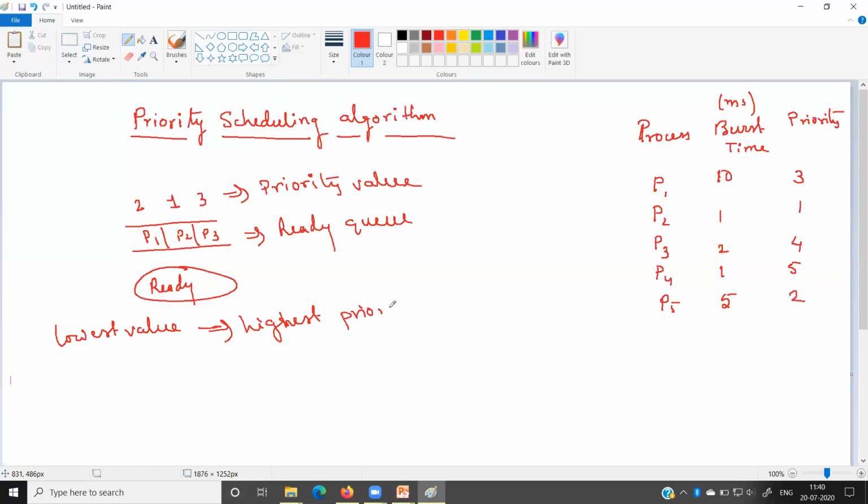Again, for another set of operating systems, the highest value is considered as the lowest priority. Or rather, I should say for another operating system, the lowest value, it will be easy for you, lowest value has the lowest priority.